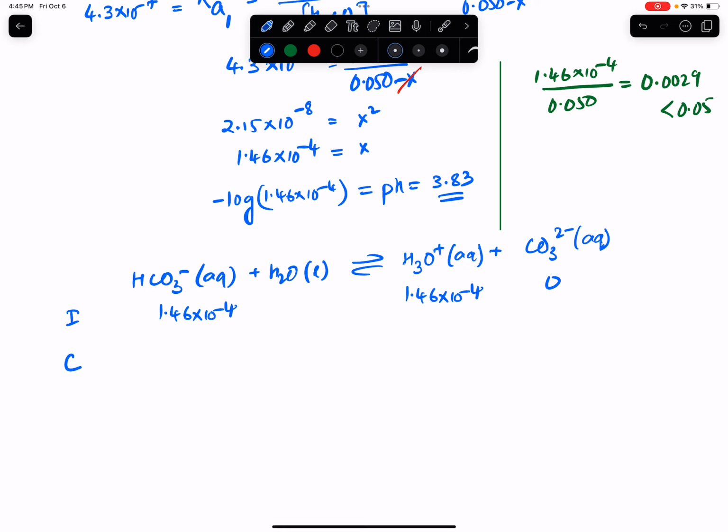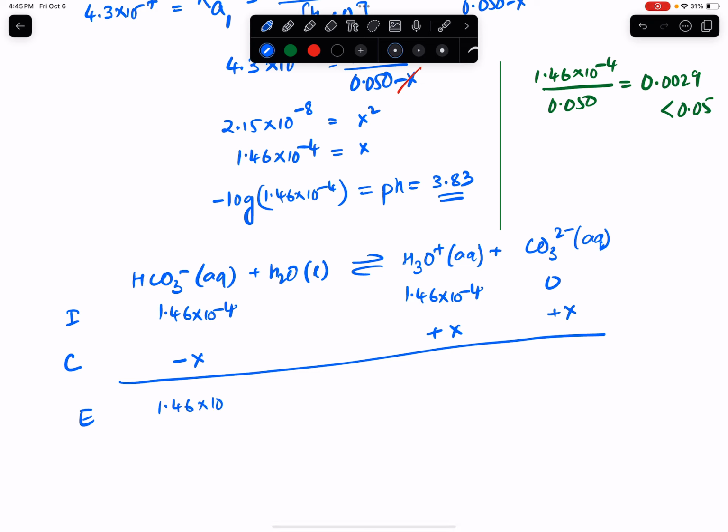Then the change is going to be, this is going to dissociate by x, so minus x, and H3O plus is going to go up by x, so plus x. CO3 2 minus is also going to go up by x, so that's plus x. So at equilibrium, we have 1.46 times 10 to the negative 4 minus x, 1.46 times 10 to the negative 4 plus x, and then we have x.